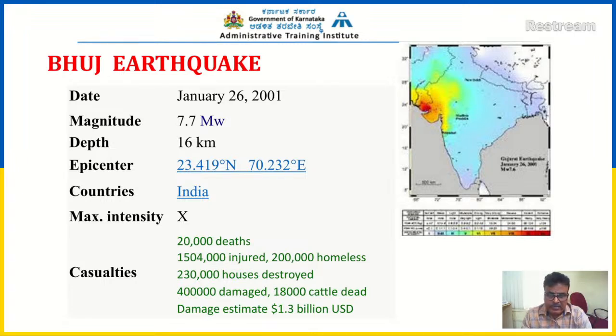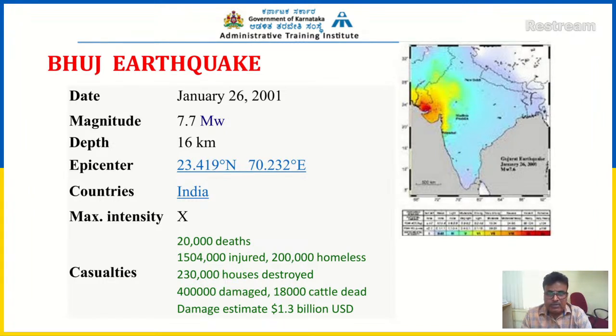20,000 deaths were there. About 15 lakh people were injured. 2 lakh people were homeless. 2,30,000 houses destroyed, about 4 lakh damaged, 18,000 cattle dead, and the loss and damage estimation was about $1.3 billion US dollars.